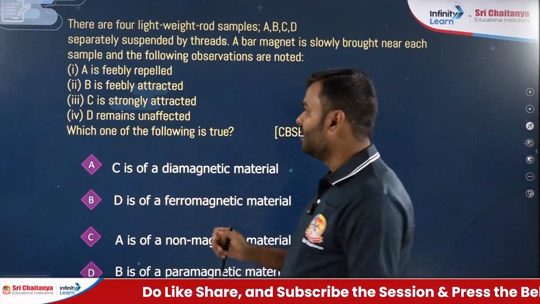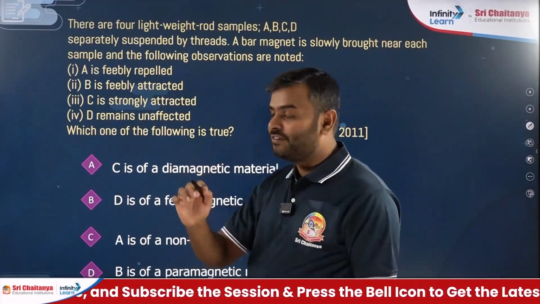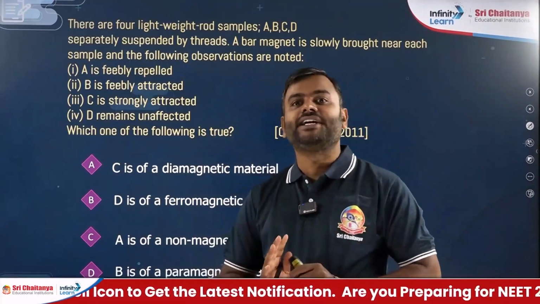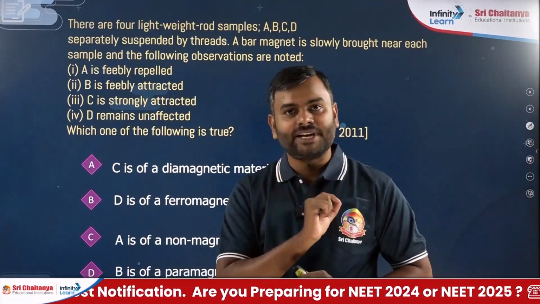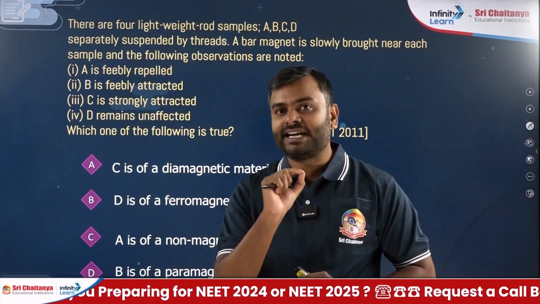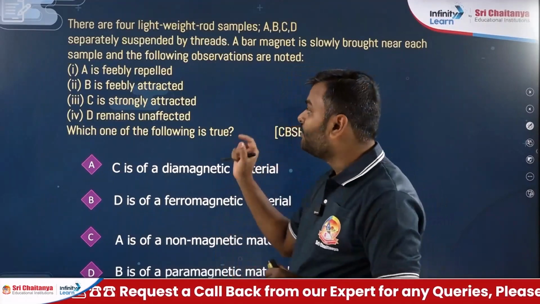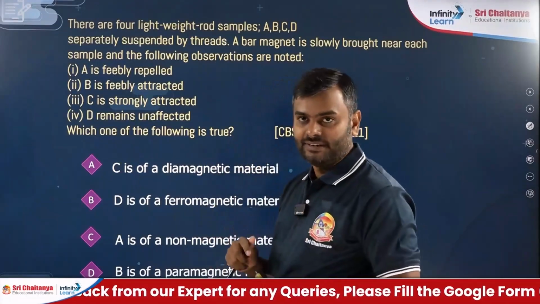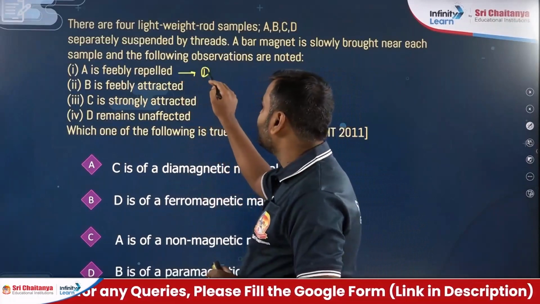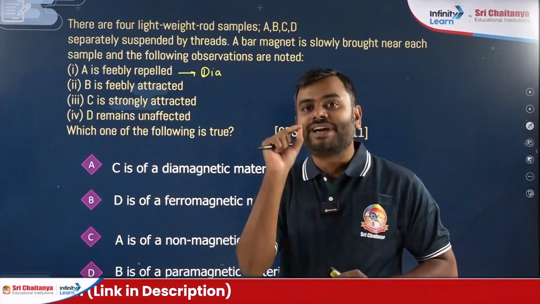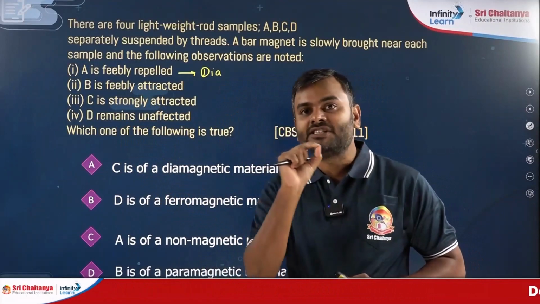So what is the meaning of that? Quickly we can understand. Basically we have 3 types of magnetic materials. First one is diamagnetic material, second is paramagnetic, third is ferromagnetic. The diamagnetic material will be feebly repelled in the external field. So A is representing diamagnetic material. B is feebly attracted. Which magnetic material is feebly attracted in the presence of an external field?